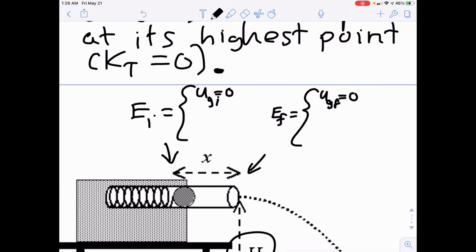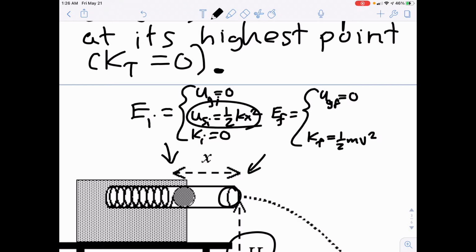Well, what else do I know? I also know that there's spring potential energy initially. 1/2 kx squared is the equation for that. And that there's no initial kinetic energy because we're essentially releasing it from rest. But what I also know is that when the ball reaches this point here, all of this has completely transformed into kinetic energy, 1/2 mv squared.